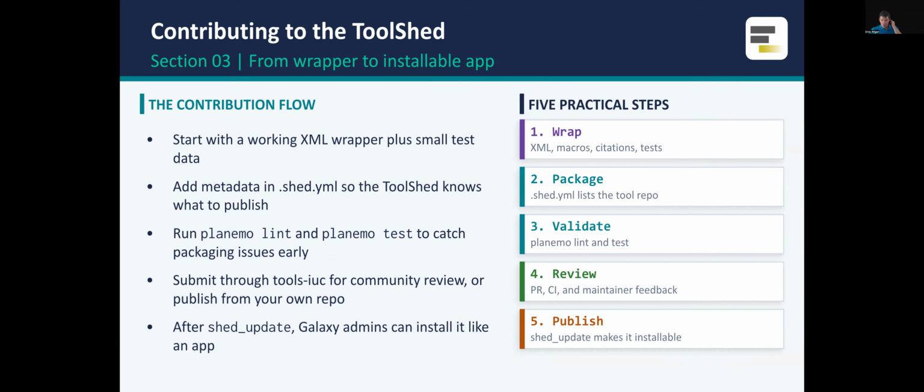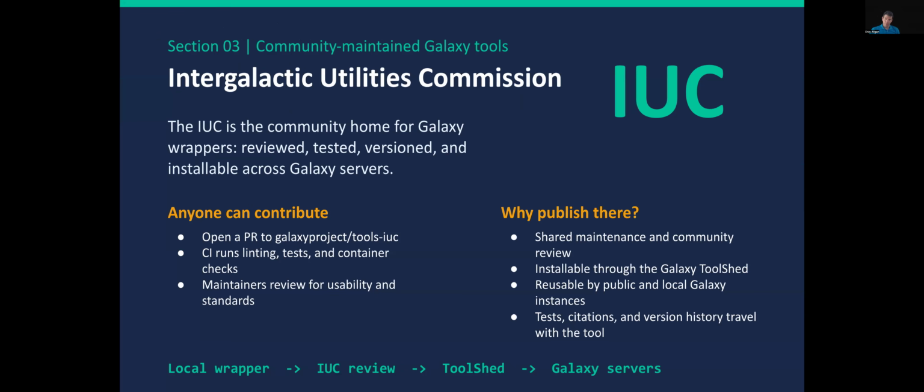There's also this repository called IUC, or Intergalactic Utility Commission, which I think in many ways maps to the Bioconductor review and release process for packages. Just this one is for the Galaxy tools.